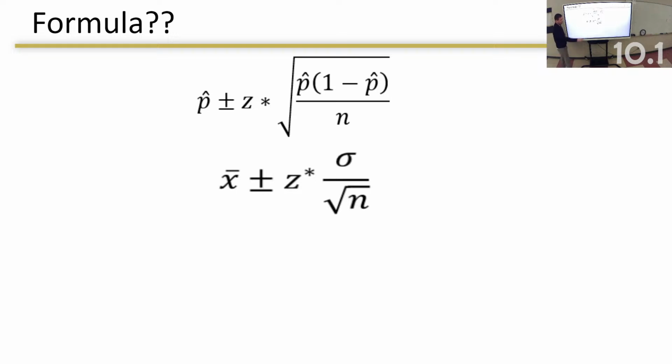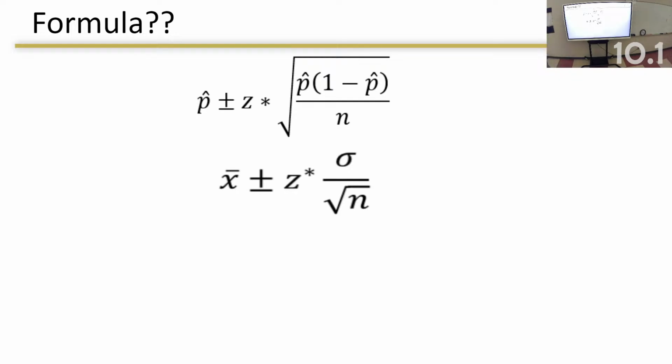Remember that sigma is the population standard deviation. In order to know the population standard deviation, we have to know the population mean, which we don't. If we did, we wouldn't have to do a confidence interval, because the population mean is what we're trying to find.